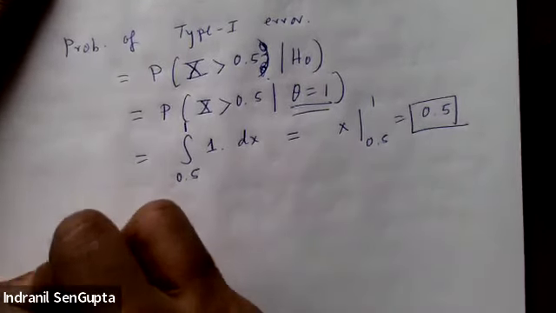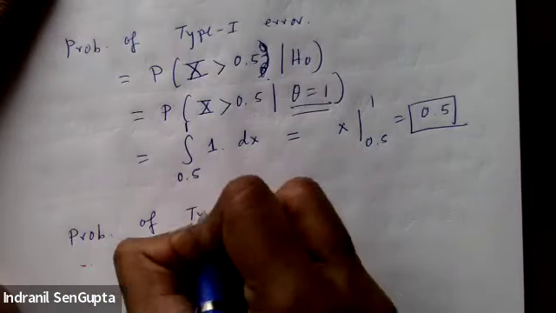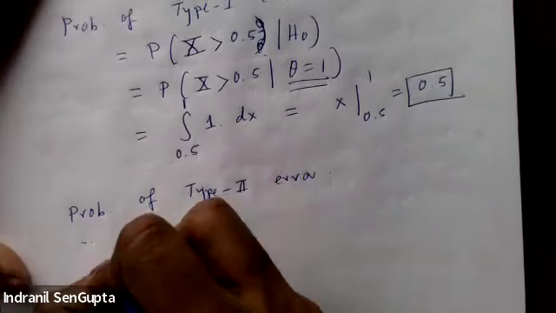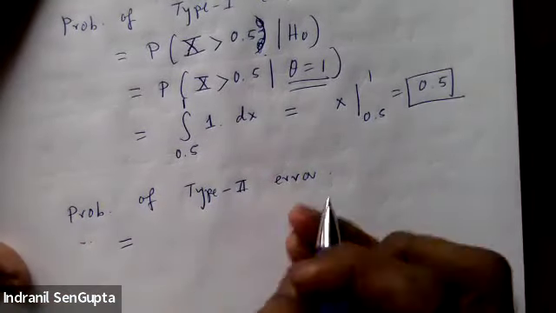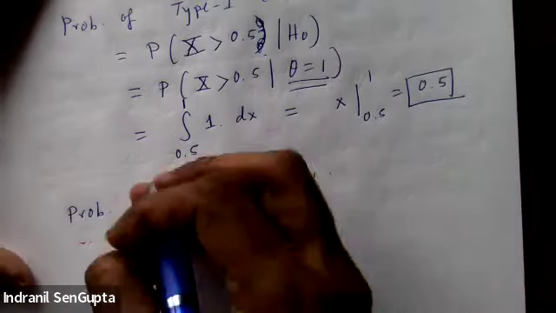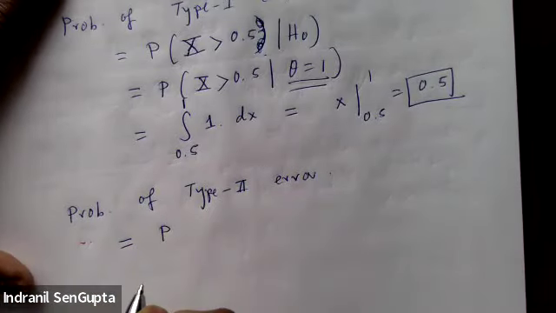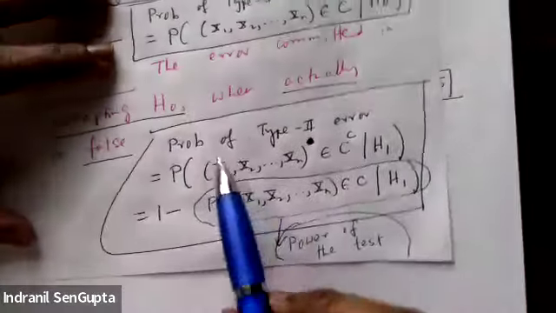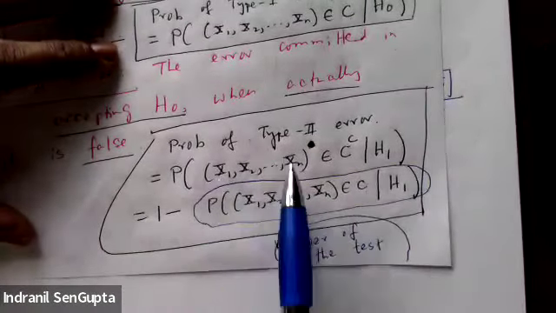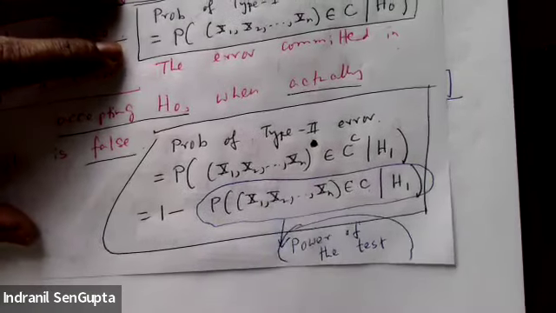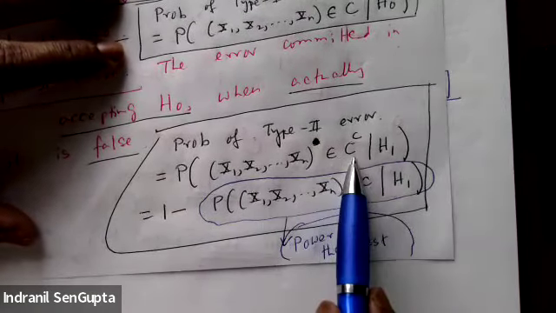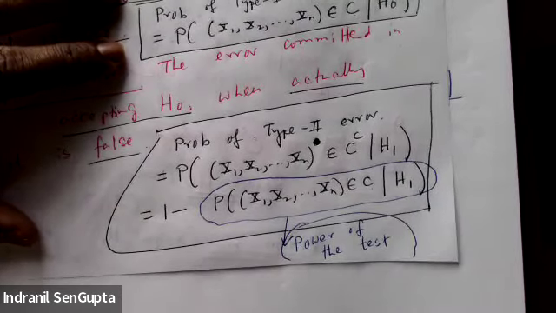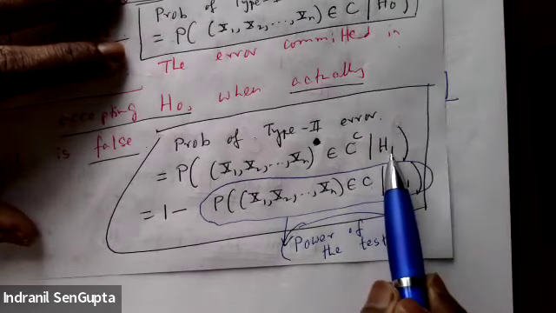Okay. Now the probability of type 2 error is essentially, of course we can do it as 1 minus that, but let's just do it the straightforward way. It is the probability that the single observation, in this case we don't have n, we have one observation, is in the C complement. What is C complement? That means your x should be less than or equal to 0.5 given H1, right?